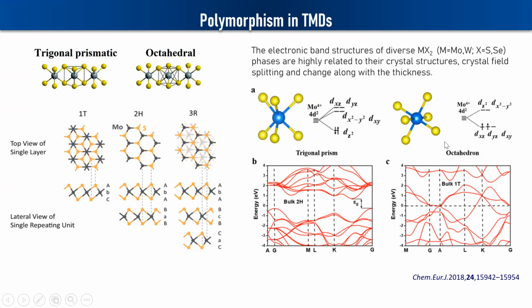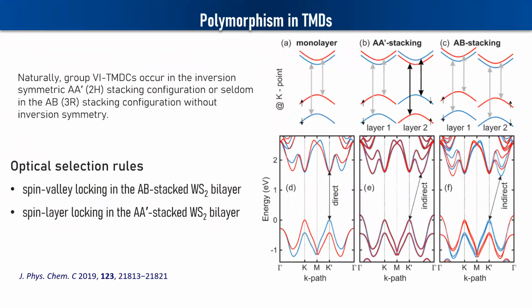So this is another interesting aspect: if you change the coordination of the transition metal ion, you can go from a 2H to a 1T phase, which is also correlated with a semiconducting to a metallic phase. Okay.